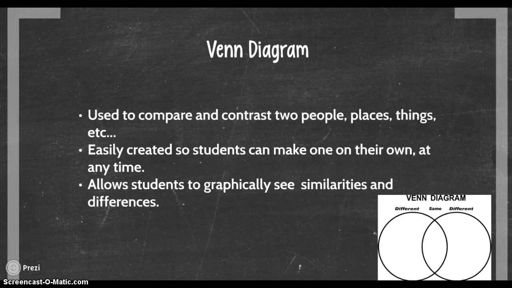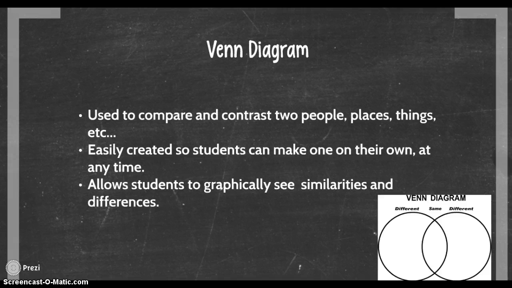All right, this next one is the Venn diagram. This organizer is, again, really straightforward. It's used to compare and contrast 2 or more people, places, things, etc. A Venn diagram is very easy to create. It's literally just 2 circles overlapping. Students can create this on their own at any time, anywhere, whether they're at school, at home, whatever.